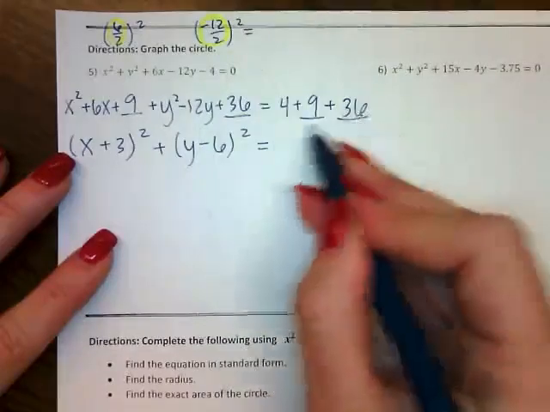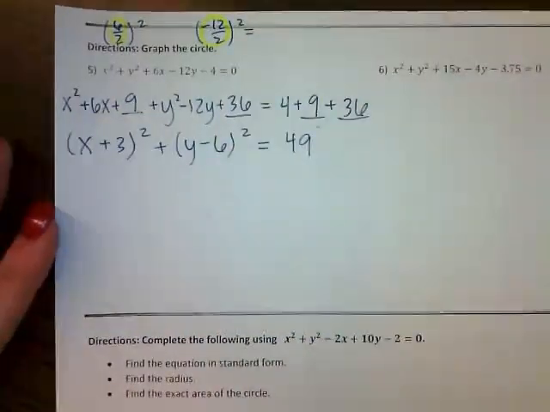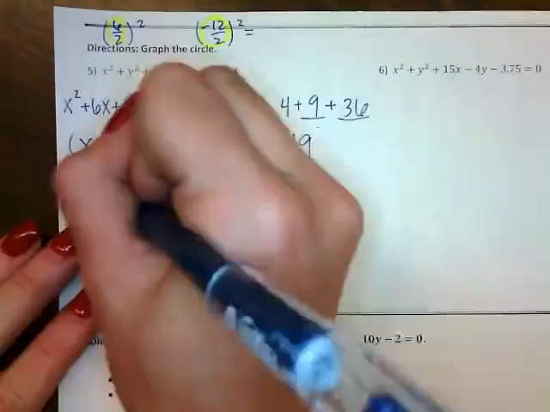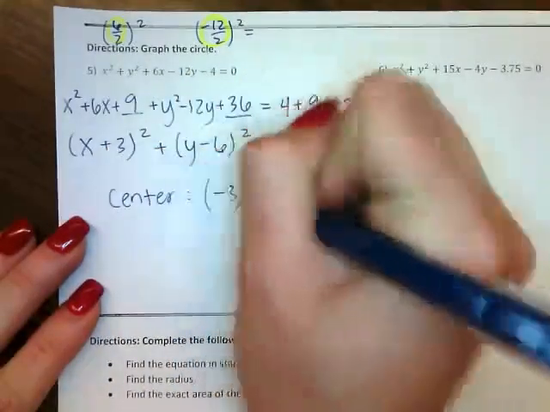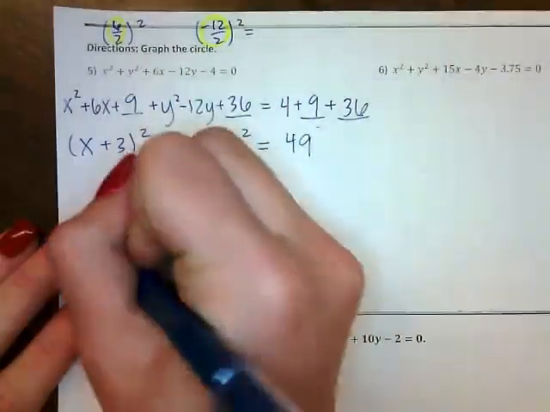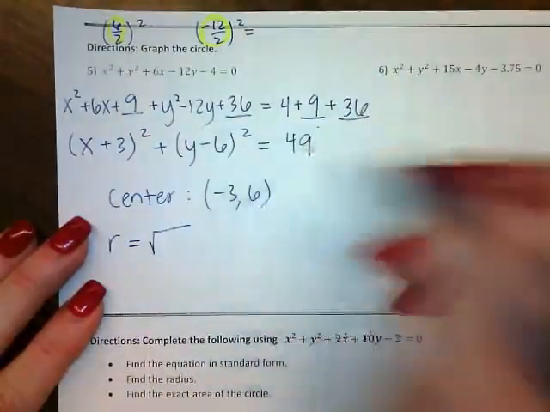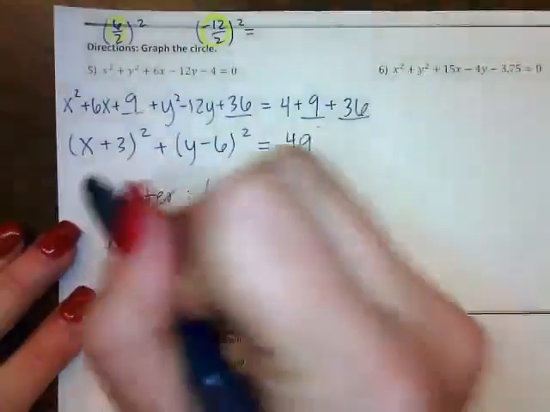We can simplify what's on this side, giving us 49. So we now have it in standard form. We can identify the center as negative 3, 6, and the radius as the square root of this number, which is 7.